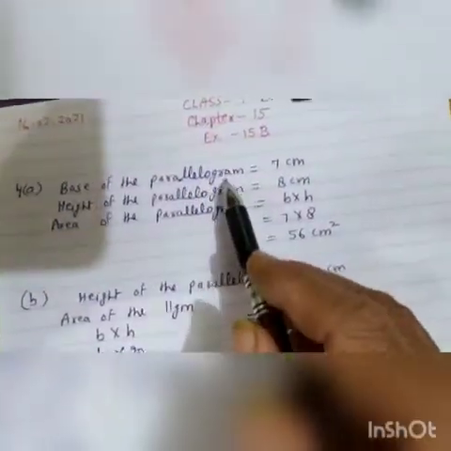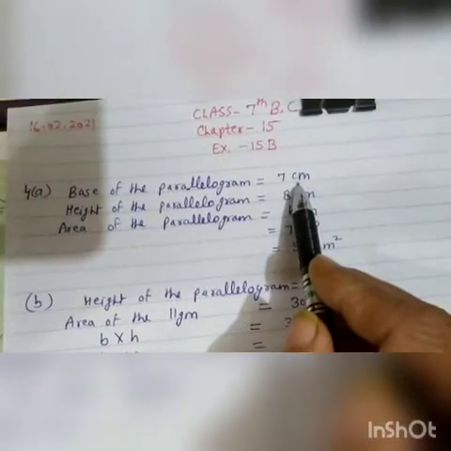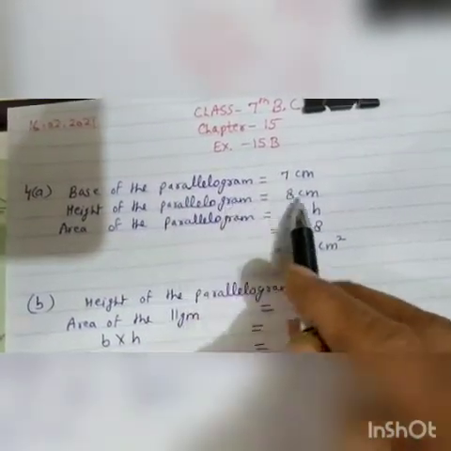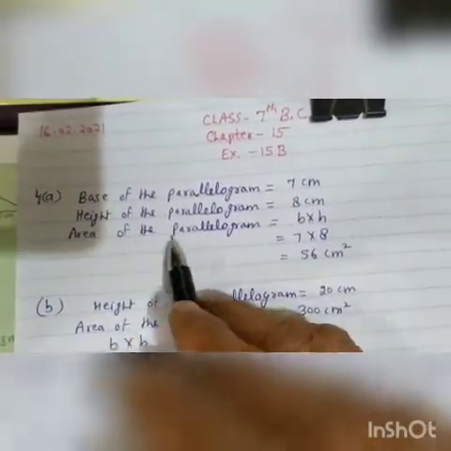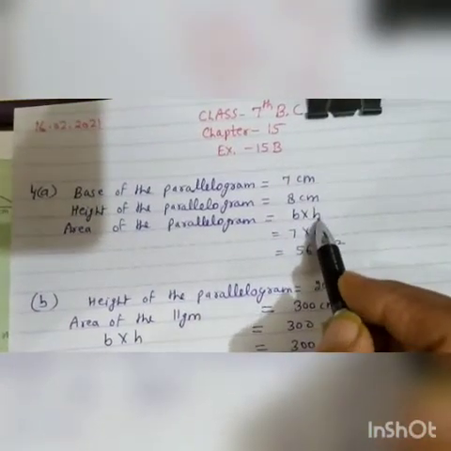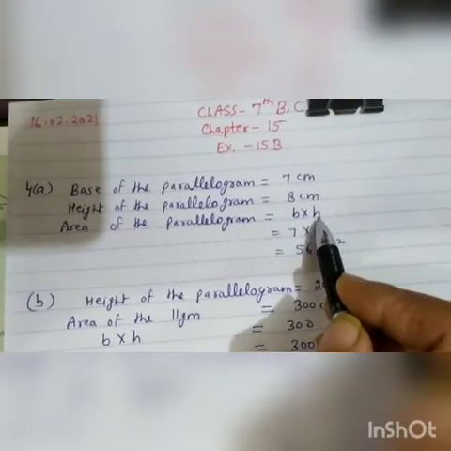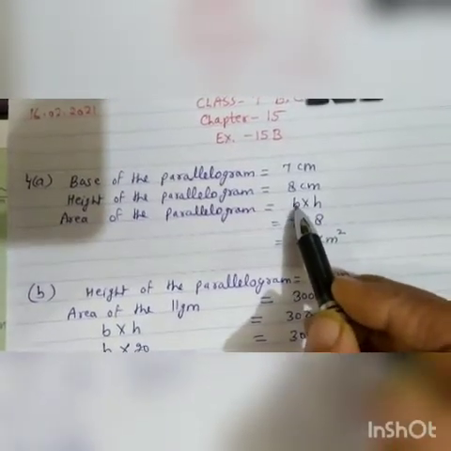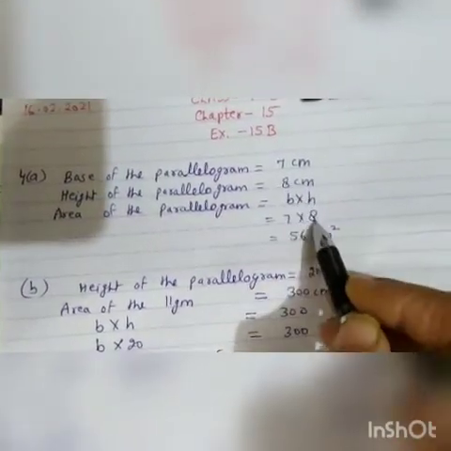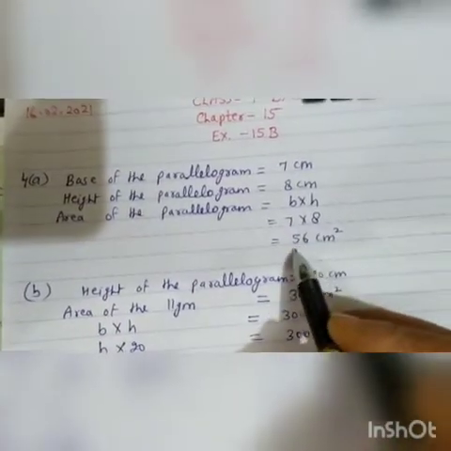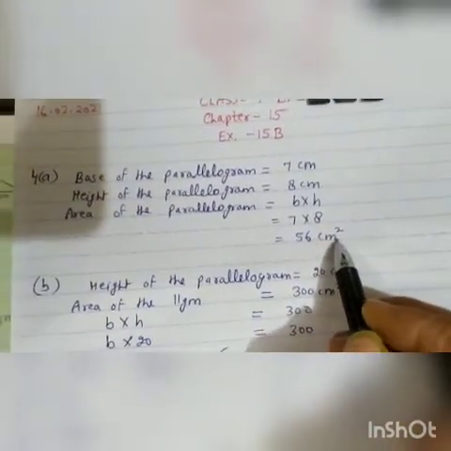Base of the parallelogram is equal to 7 cm. Height of the parallelogram is equal to 8 cm. Then area of the parallelogram is equal to base into height. This is the formula to calculate the area of parallelogram. So put the values. Base is 7 cm, height is 8 cm, 7 into 8 is 56 square centimeter.